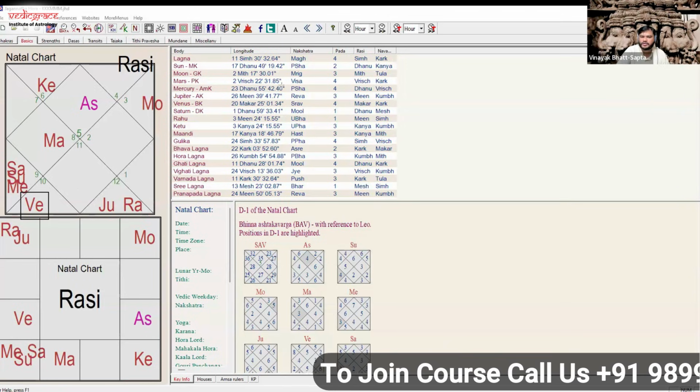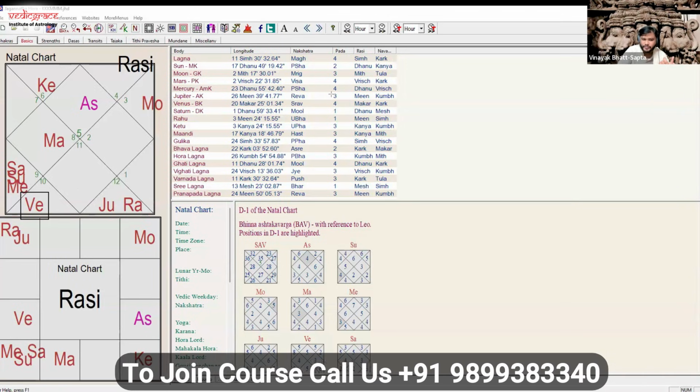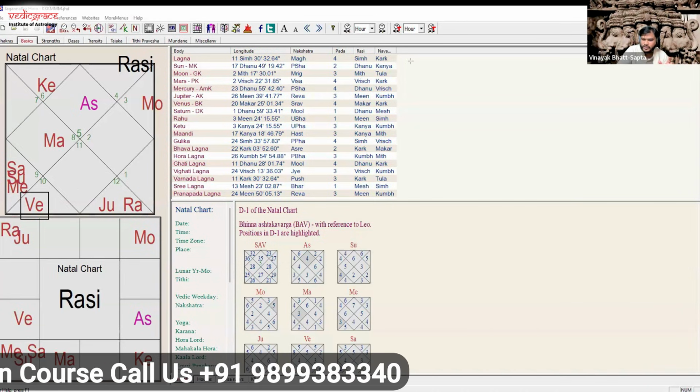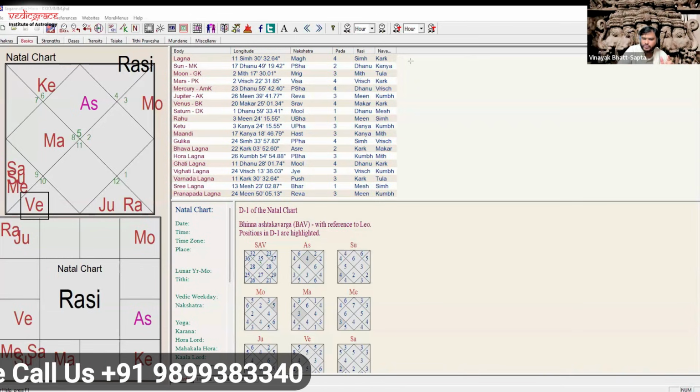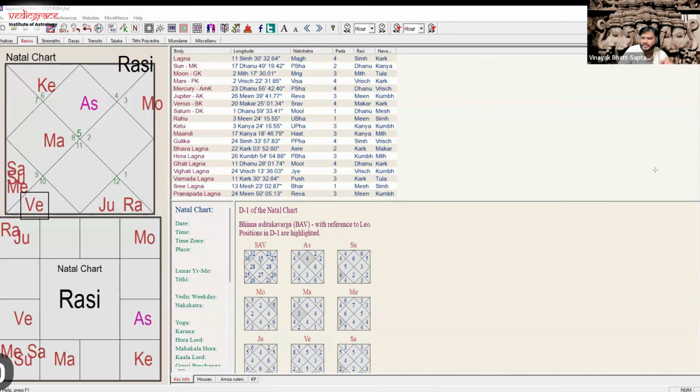There are many techniques we can see from this one logic. You know the Rahu Ketu, that we call Kal Sarpa Dosha. Many say that Kal Sarpa Dosha is not mentioned in any classical book.